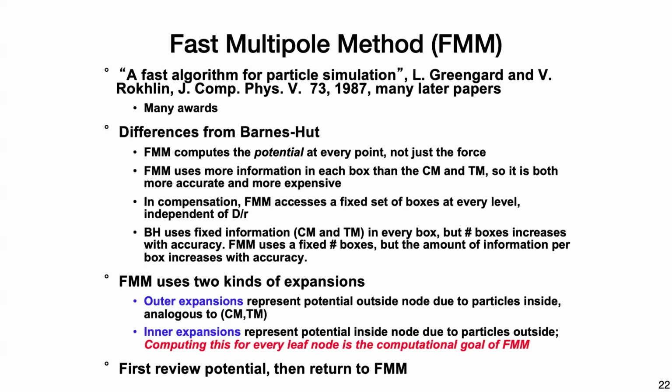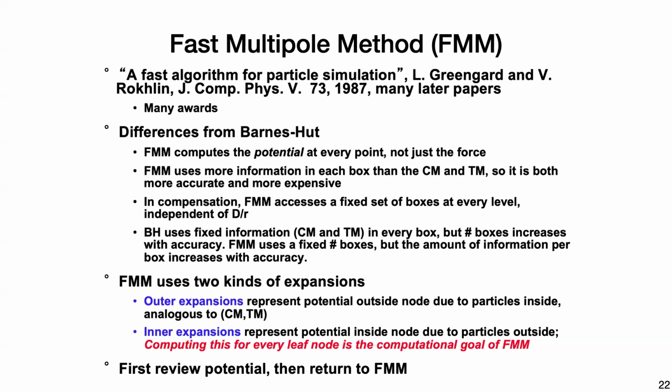So Barnes-Hut uses a fixed amount of information in every box, but the number of boxes changes with the accuracy parameter. In contrast, the FMM always uses the same number of boxes, but the information per box that you compute with the expansion changes depending on the accuracy parameter. This is a bit abstract right now, but we'll see some examples and hopefully it becomes clear.